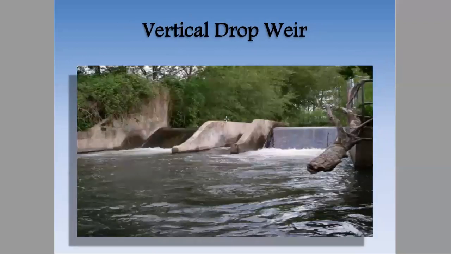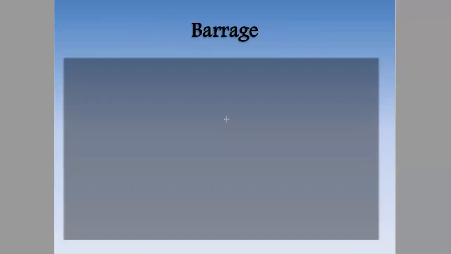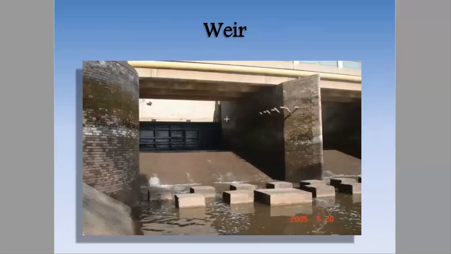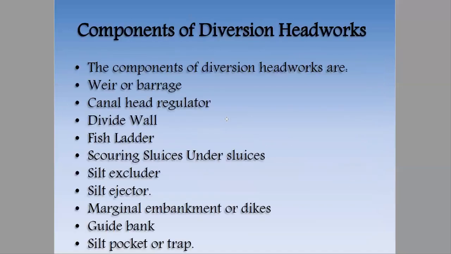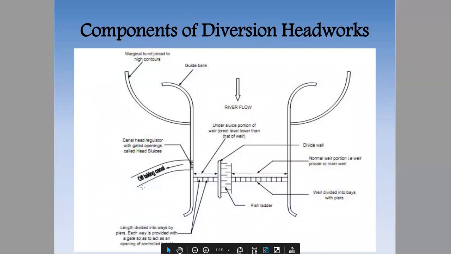Let's see this example. Here we construct a divide wall. Why do we need it? We need it so that there is a sufficient amount of water that it could discharge, and it could regulate the water supply in the off-taking canal and the canal system.